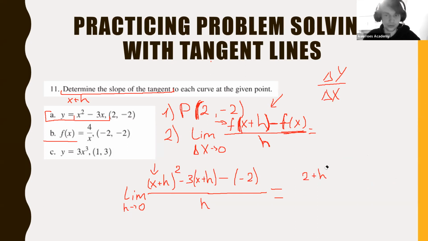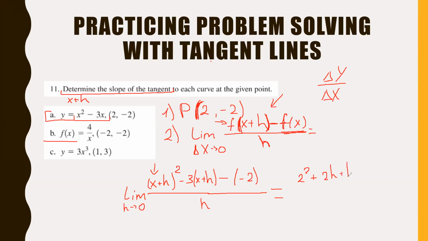And do you know the formula or how to simplify it? Yeah, expand it. It's going to be x squared plus x times h, no, 2 squared plus 2 times xh, plus h squared.